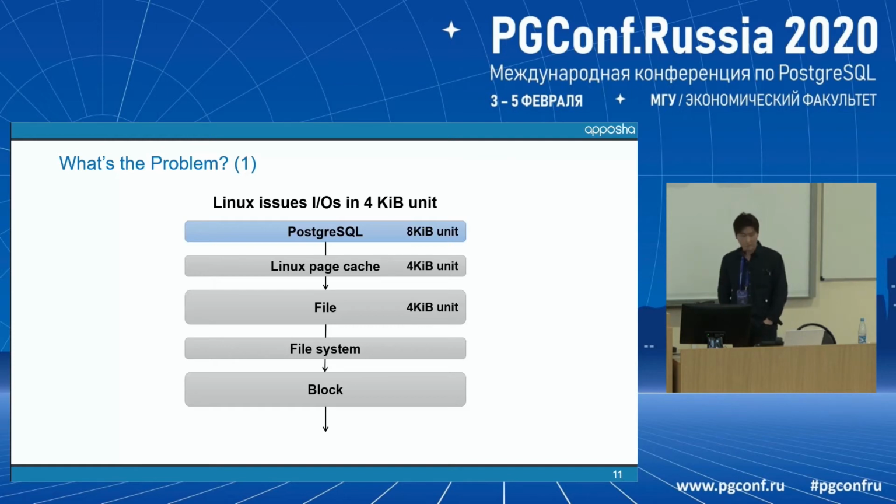The main reason behind this is that the I/O unit from PostgreSQL and even from Linux is really small. PostgreSQL issues I/O in 8 kilobyte units, right? And the basic unit of I/O size in Linux is 4 kilobytes.